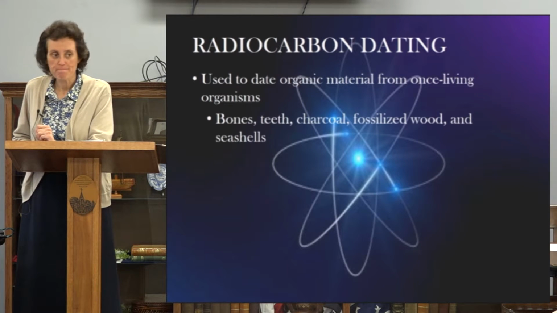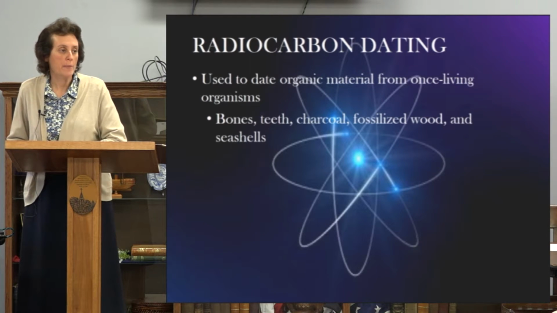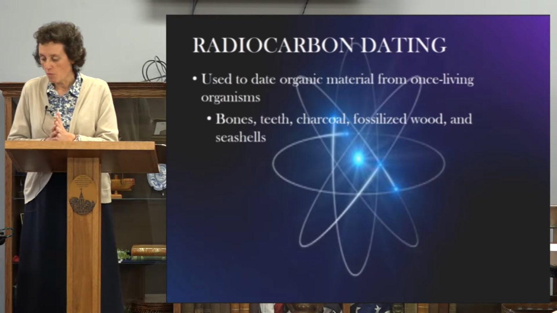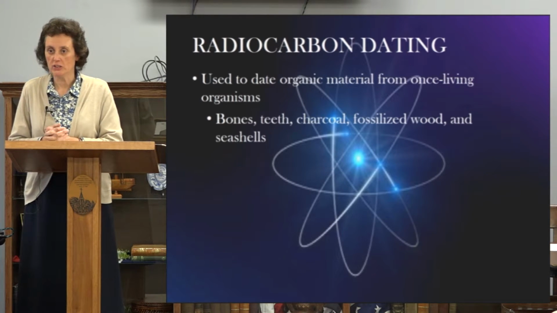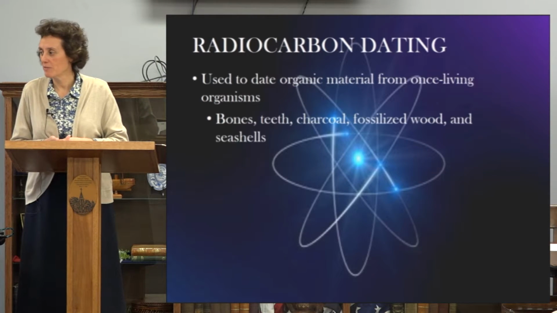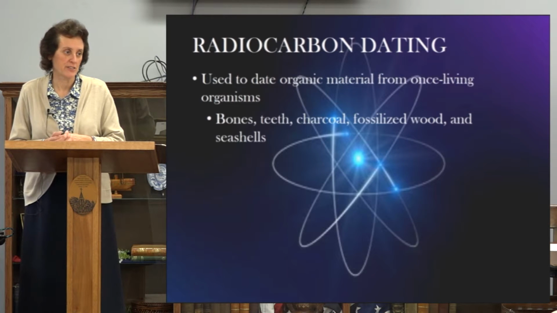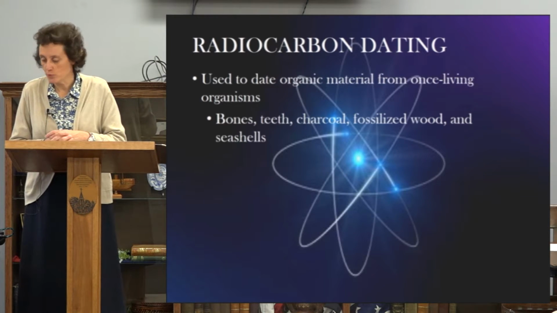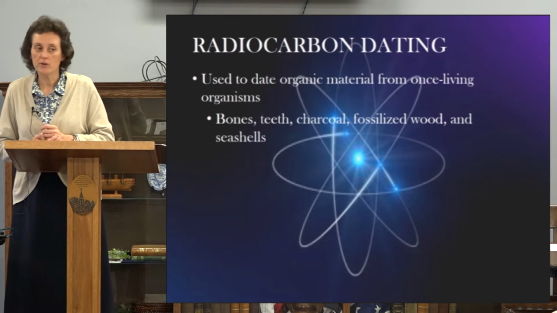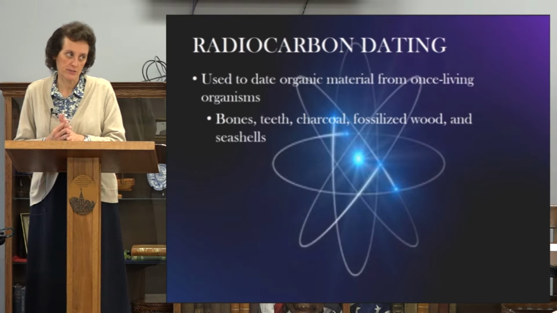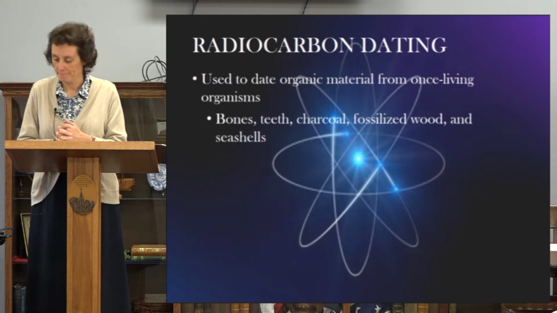Radiocarbon dating, or so-called carbon-14, is used to date organic material. Even from Mount St. Helens, we might find wood that we want to date and so forth. So it can be used to date bones, teeth, charcoal, fossilized wood, and even seashells, because they will have a carbon component with them.